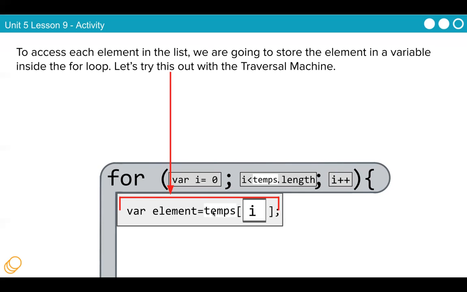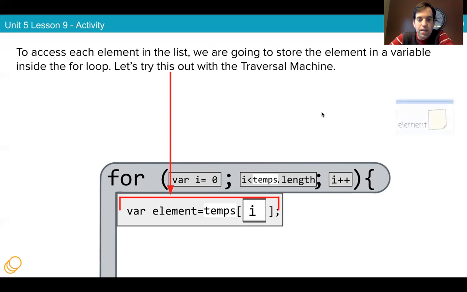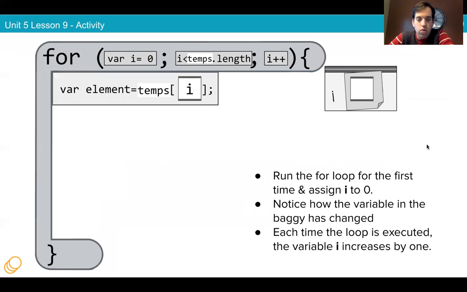So it's going to equal that specific index's value from the original list, right? So we're going to have a new baggie, return of the baggies, right? You don't need to create this on your own. It'll just be in the video. And it's going to be called element. And we're going to be using that just to show what's in that value. It's kind of like a watcher from Code.org.